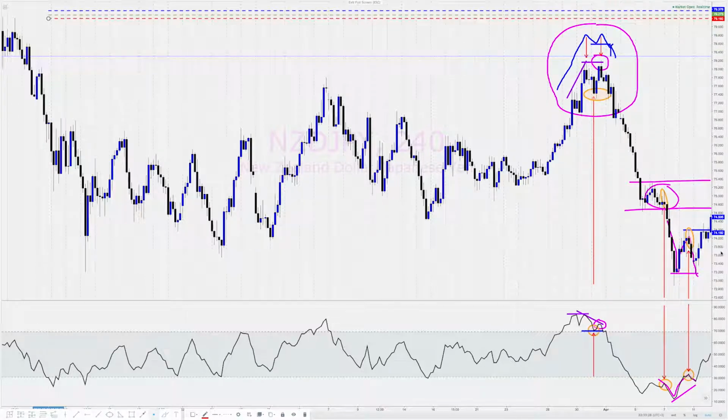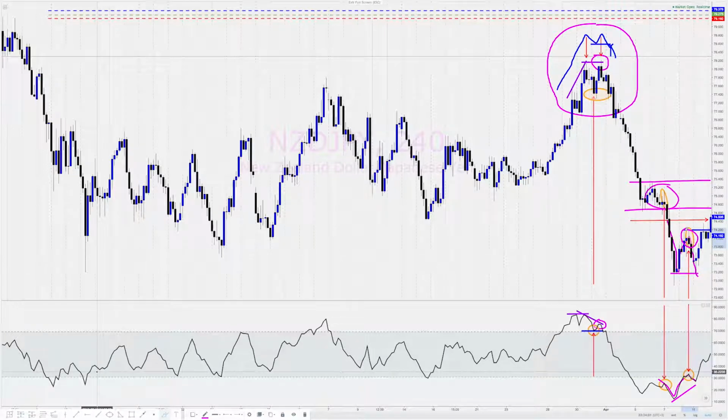Okay, let's say we exited, and we now have our break and close there. Let's see if price will retest here at 74,175.